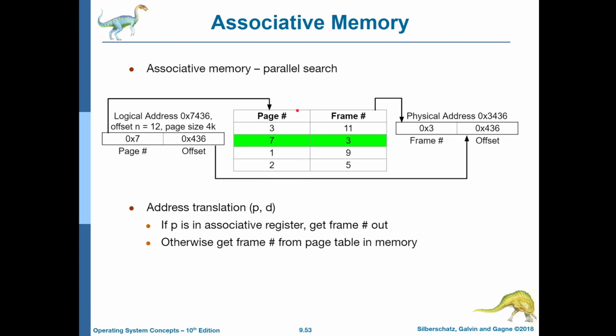This is specialized memory built into the CPU. It is considered very expensive, which is why TLBs are generally pretty small. Also, there are some associative systems. In this example, this is a fully associative TLB. Other TLBs will actually be broken into blocks of associative memory. So perhaps we can have 2 blocks of associative memory, which would be two-way associative, meaning that it would have to search one associative memory and then search a second.